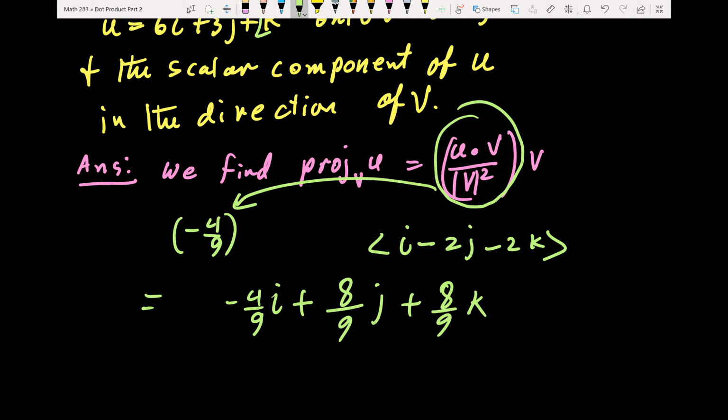Next, we're going to find the scalar component of u in the direction of v. And we're going to look at the application. What is this projection? What's happening? Okay?